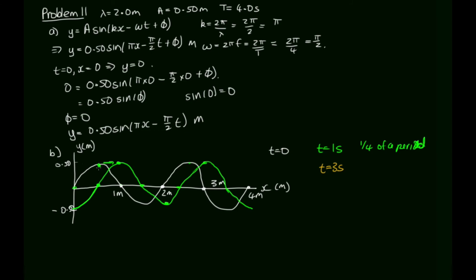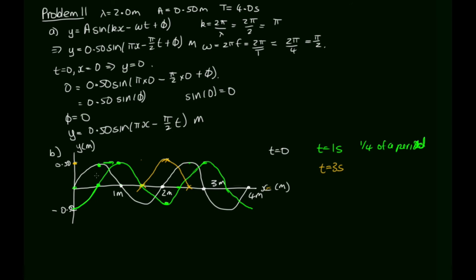So from this white wave, it has then moved on 3/4 of a wavelength. And so this point here has moved on, that's 1/4, 2/4, 3/4. So that point is up there. This point, that's half, and then another quarter. And so this point has moved on to up here. This point here has moved on to here.